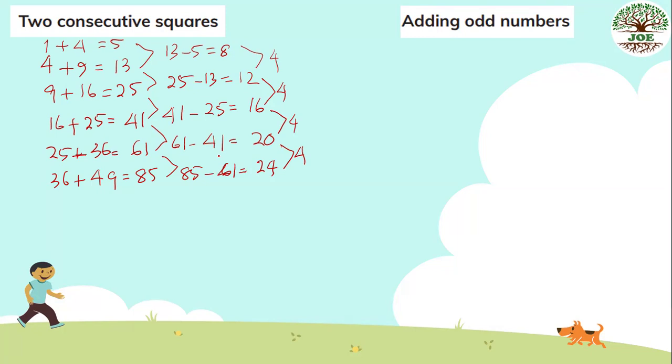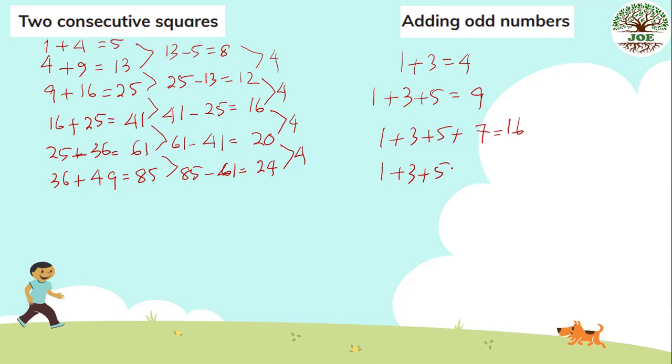And adding odd numbers. Let's check adding odd numbers. First one, 1 plus 3 is 4. And 1 plus 3 plus 5 is 9. And 1 plus 3 plus 5 plus 7 is 16. And 1 plus 3 plus 5 plus 7 plus another one, 9, is 25.